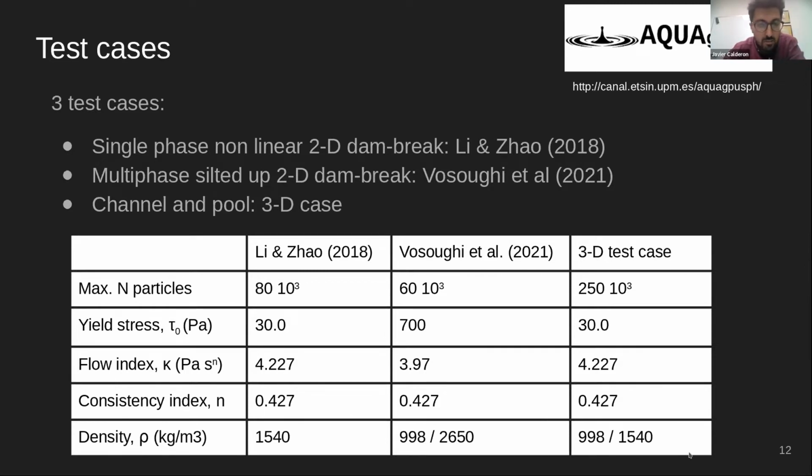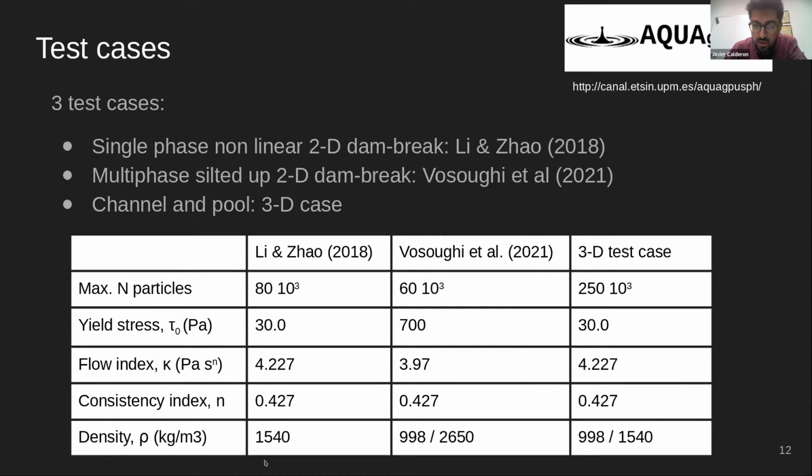And these are some of the coefficients and the terms that we are using. So we have quite a high range of yield stress. We keep the flow index and the consistency index quite stable because we have been doing some numerical experiments to see the influence of varying these, but they are not as big as the yield stress, at least for the applications that we are testing.